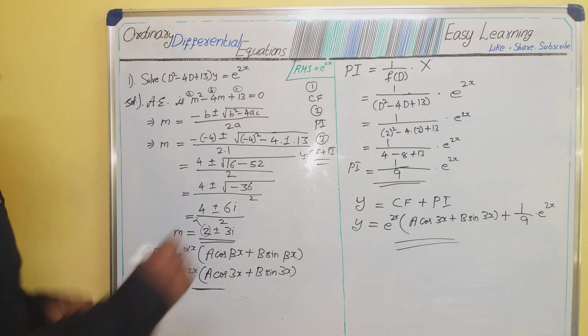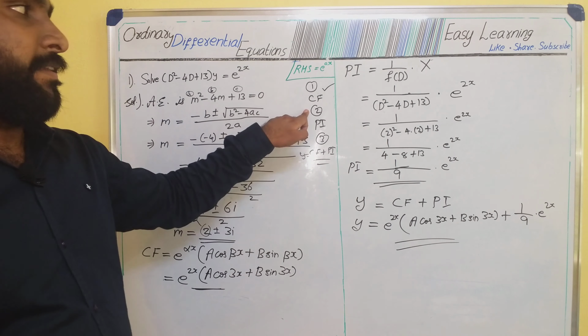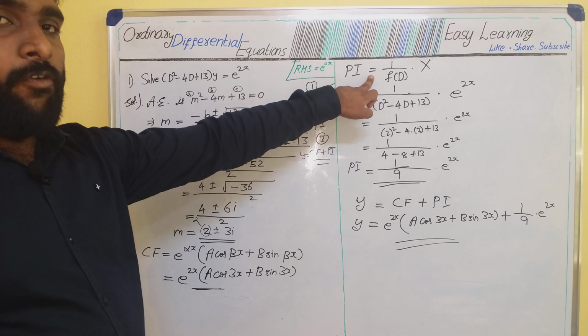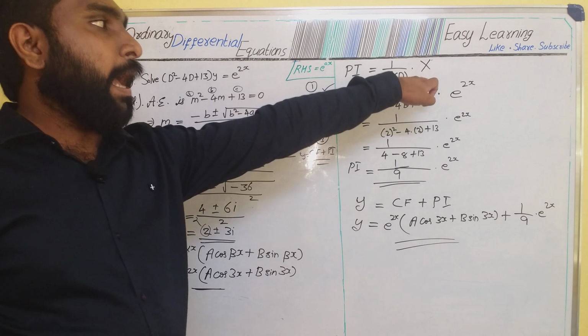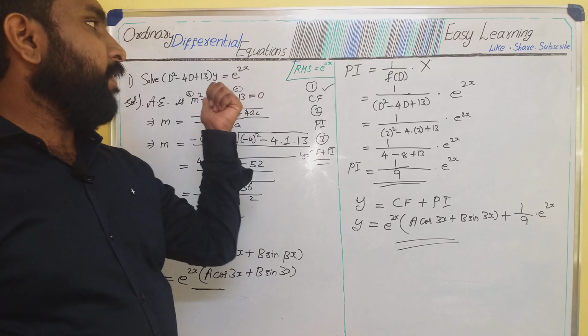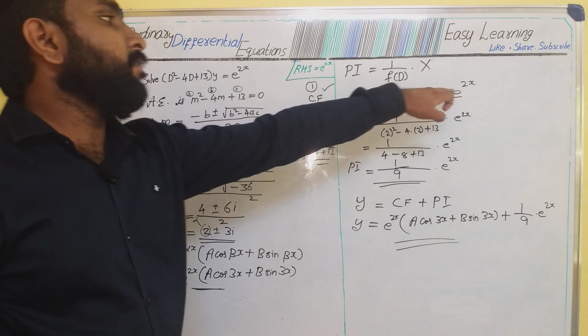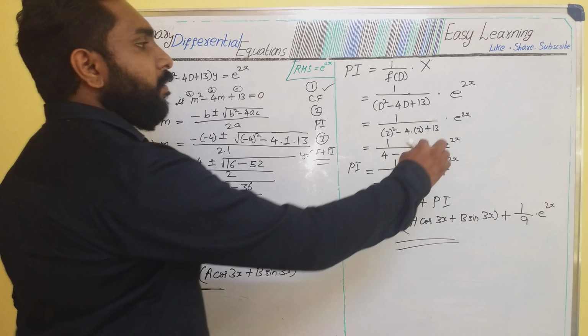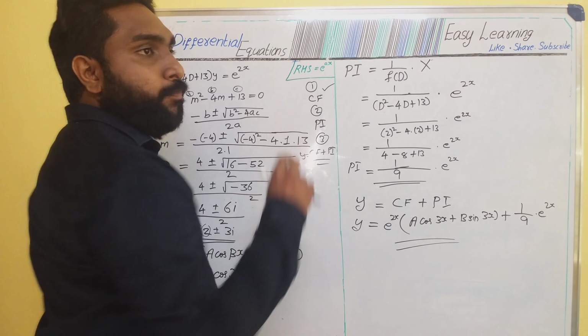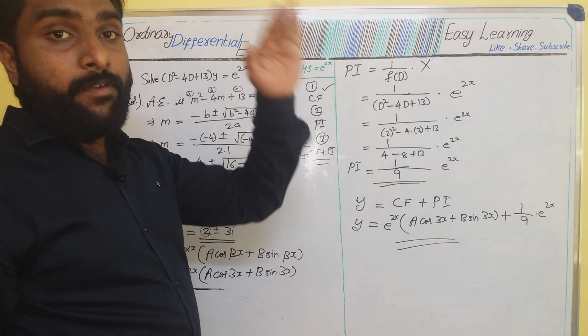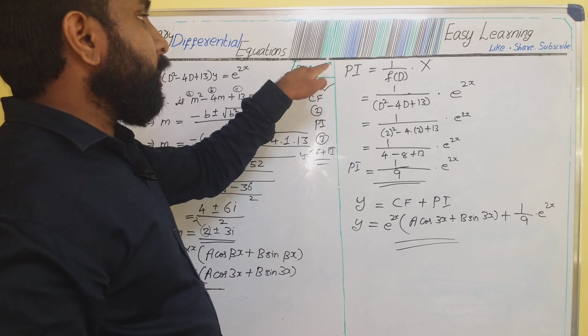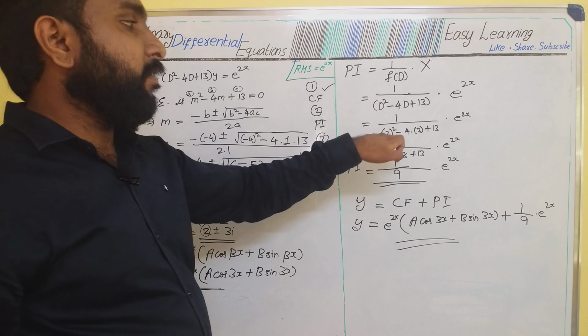Done. First step. And then the second step, apply the formula 1 by f of d into capital X. f of d is the left hand side and capital X is the right hand side. So write it as it is. Then apply the formula. In problems where RHS is in the e power ax format, we have to substitute the value of a in place of d.